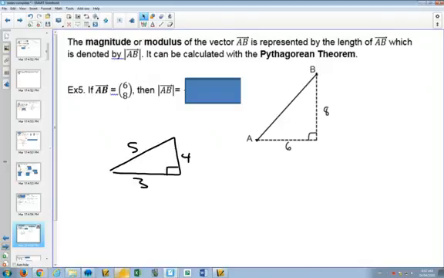And we can figure that out by using the Pythagorean theorem. A squared plus b squared equals c squared.